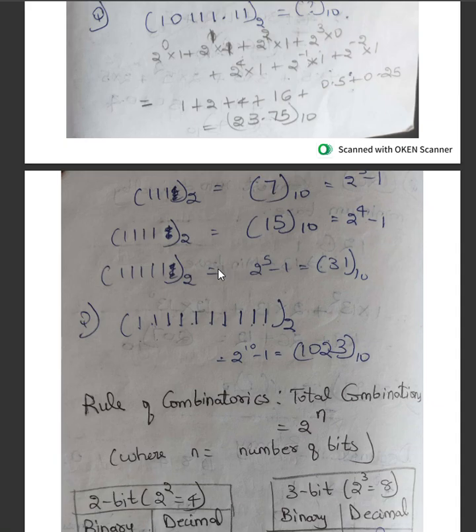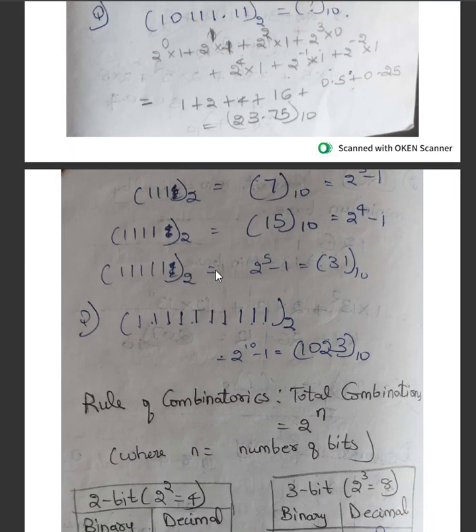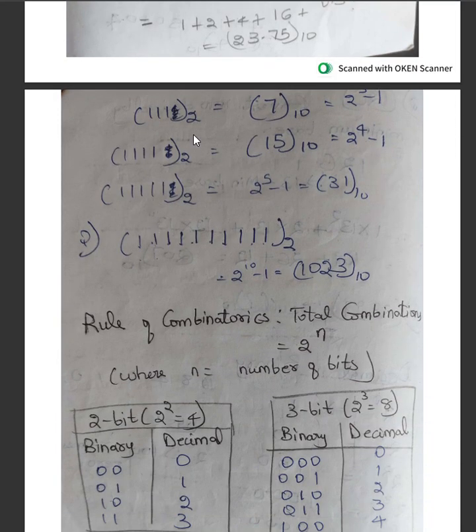This is a basic example, and I want you to observe one thing here. 1111 is 15, and 111 is 7.